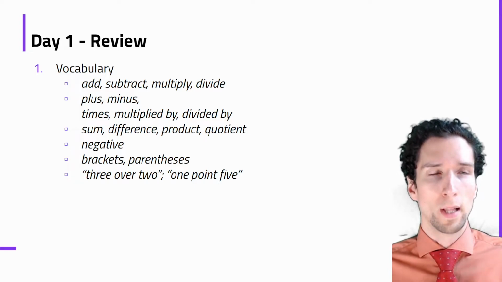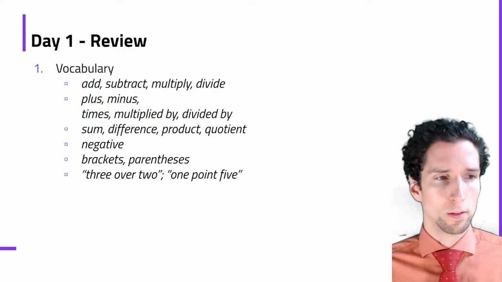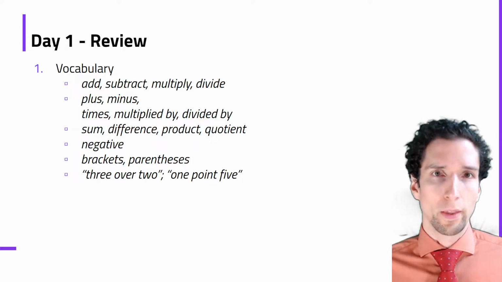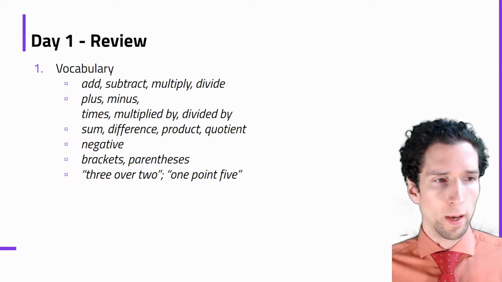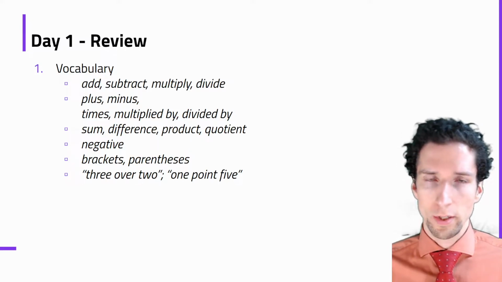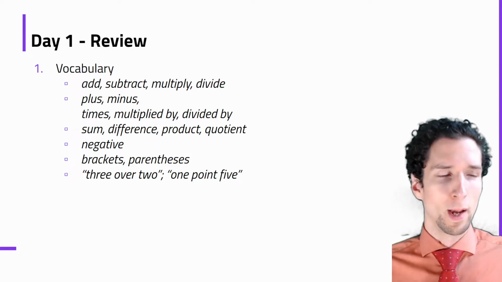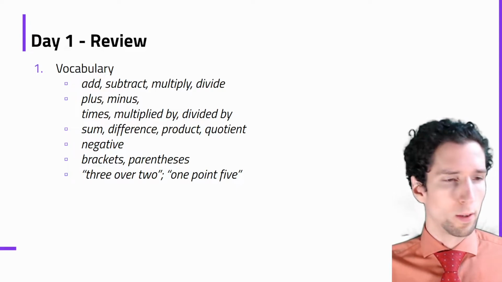We don't read them out loud when we're just reading off an equation, but sometimes we have to specifically mention them. And then reading fractions, something like 3/2 for a fraction, or 1.5. Hopefully you see those and right away you know what those look like.